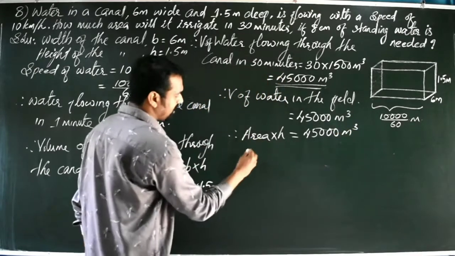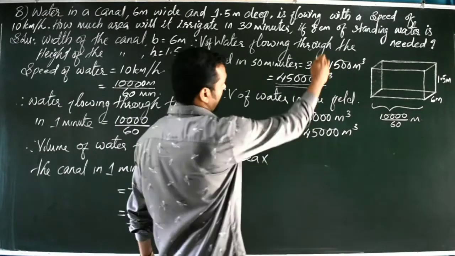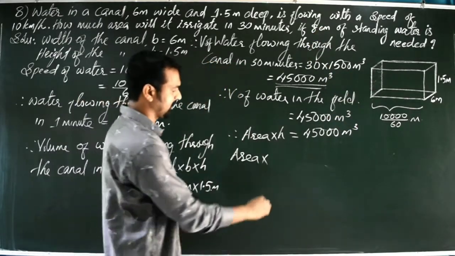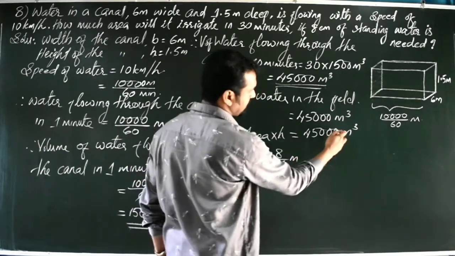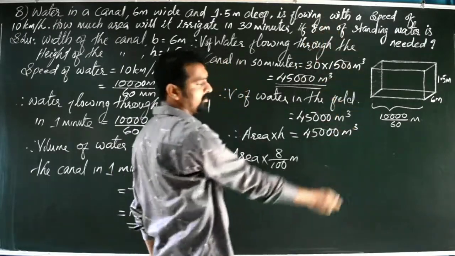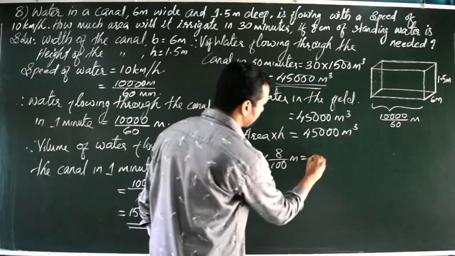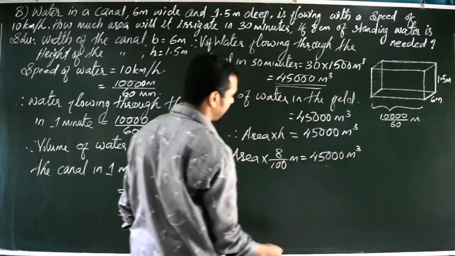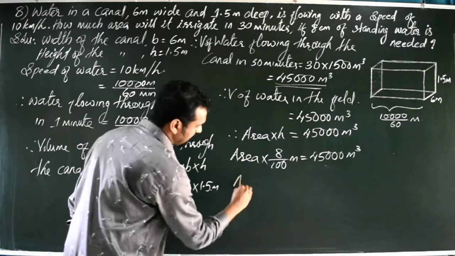Then area of field into height of the water, that is 8 centimeter. 8 centimeter convert into meter, what will we get? 8 divided by 100 meter, because it is given in meter cube, that is why this 8 centimeter we have to convert into meter. Then it will come 8 divided by 100 meter is equal to 45,000 meter cube. Now 8 divided by 100 meter transpose into right side, then we will get the area of the field.